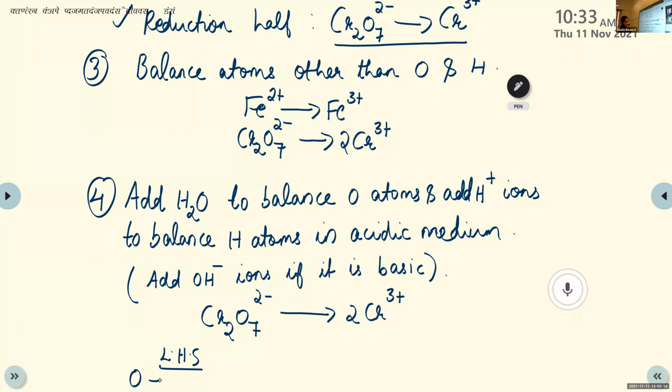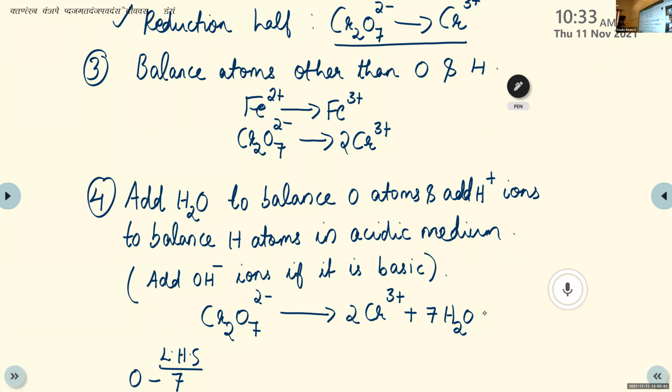Yes, 7. Here it is 7. So we need to add 7 oxygen atoms on the right hand side also, so we will add 7 H2O.